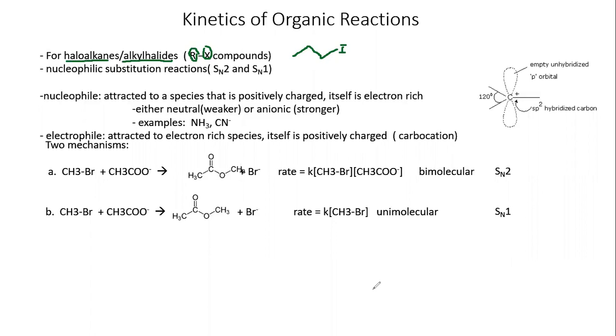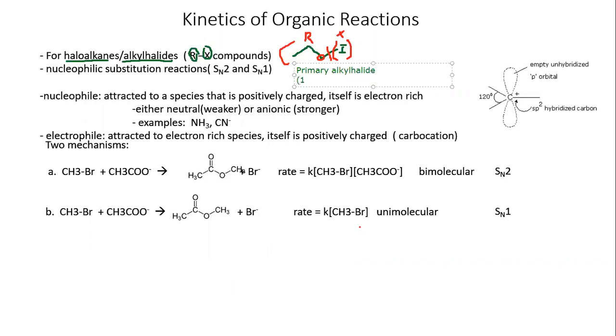You have your hydrocarbon component here, this is the R, and you have your halogen, X. And since the halogen is attached to a carbon that only has one carbon group attached to it, this is referred to as a primary alkyl halide. Again, it's a primary alkyl halide.